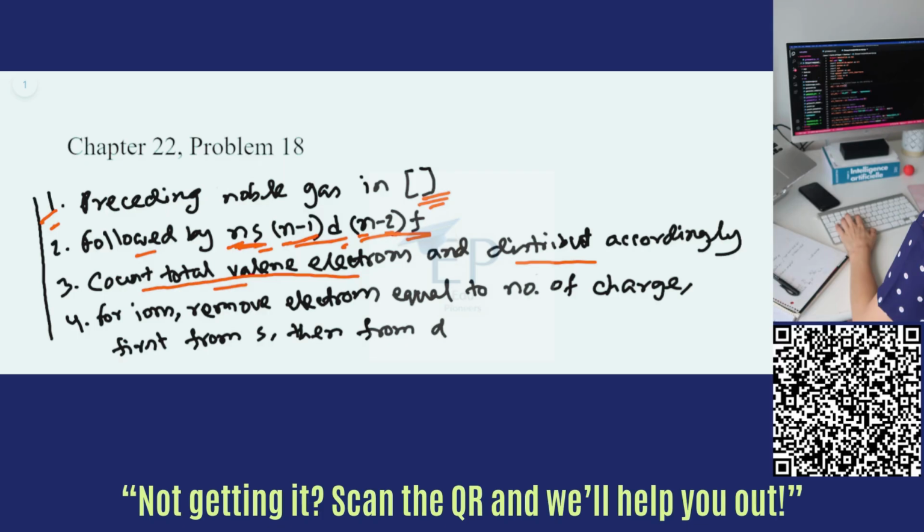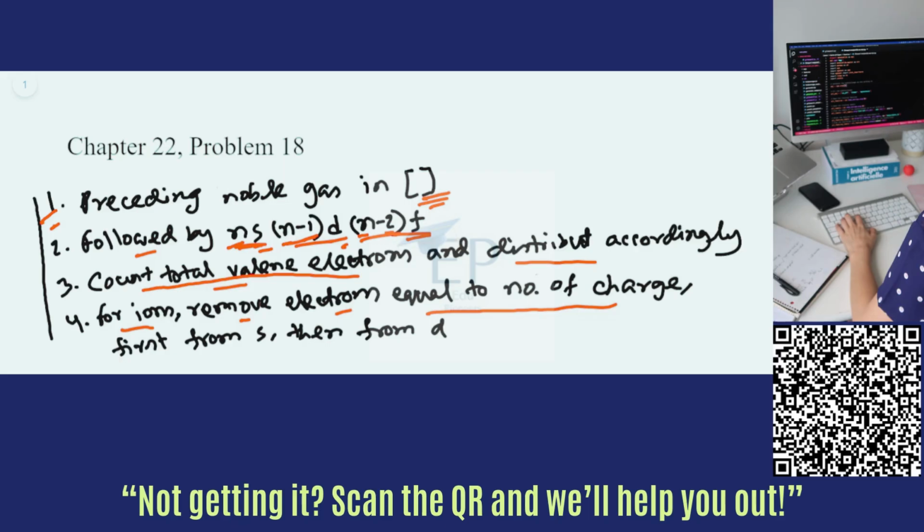And for ions, we have to remove the electrons equal to the number of charge we have on that ion. So for example, if an ion has -2 charge, for minus charges we will have to add electrons, and for plus charges we will have to remove electrons.